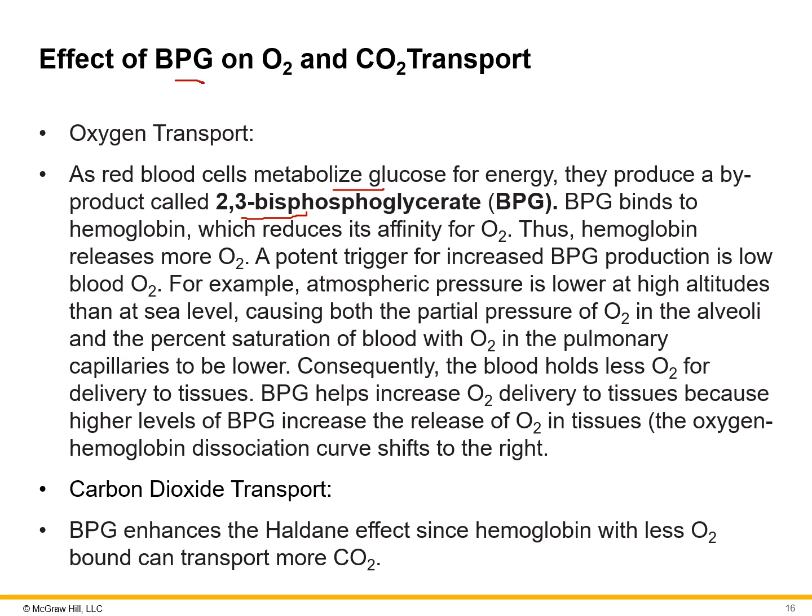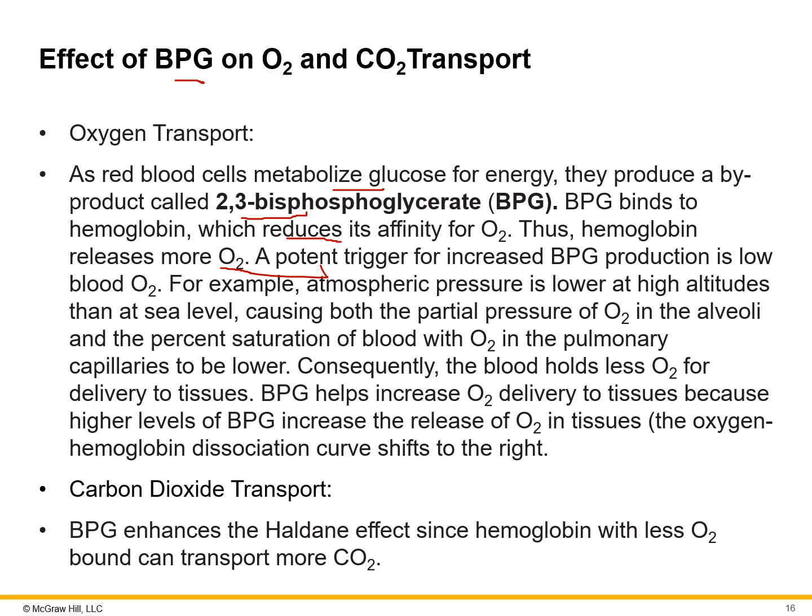It decreases the affinity of oxygen because we need more oxygen for aerobic respiration if we're breaking down glucose. So we need oxygen not to be attached to hemoglobin. We want it coming off into our cells. So that affinity goes down and it releases more oxygen than normal.